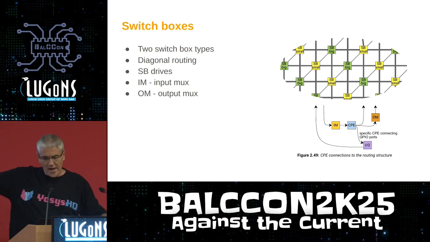So you have many more possibilities of connecting things, and to allow signals to travel fast over a greater distance, we also have these SB drives that are just amplifying the signal, making it possible to reach the other part.